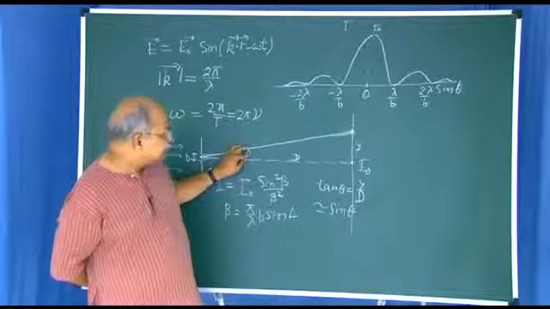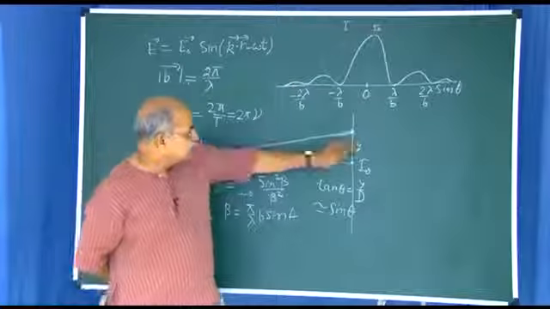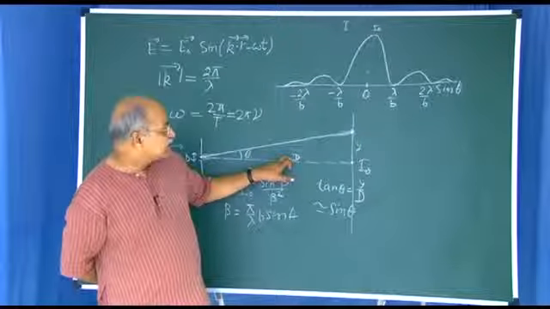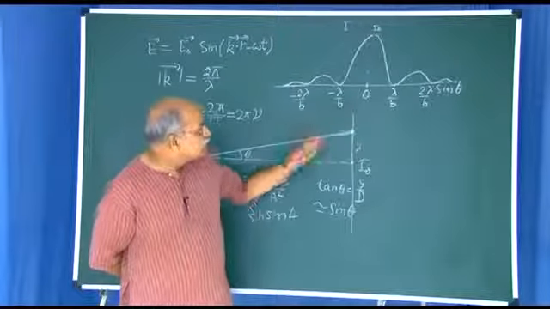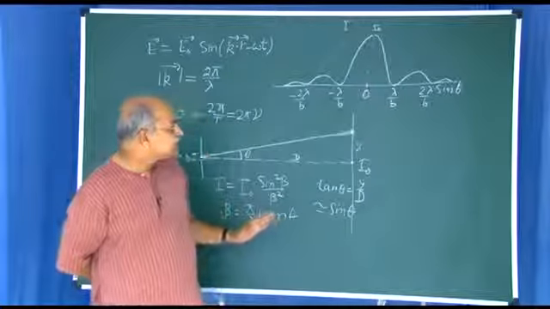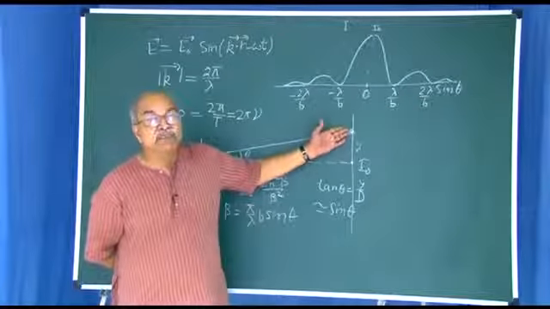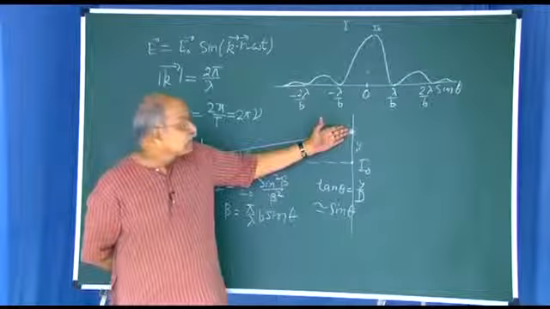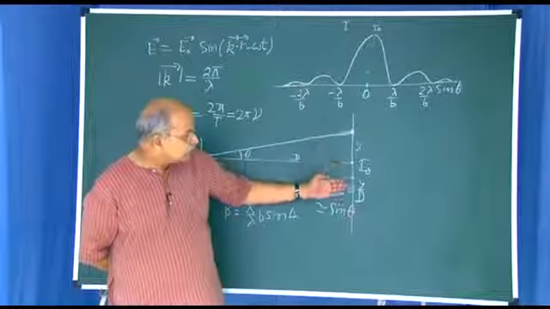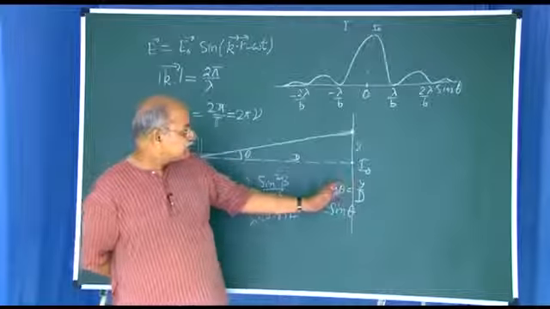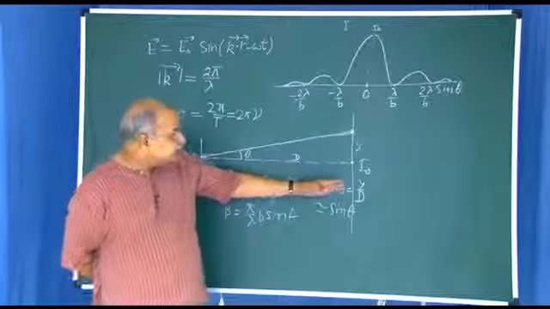So, when sine theta, which is almost tan theta, which is small y by capital D, is equal to lambda by b, then the intensity there becomes 0. On the other side also, when sine theta becomes lambda by b, the intensity is 0.